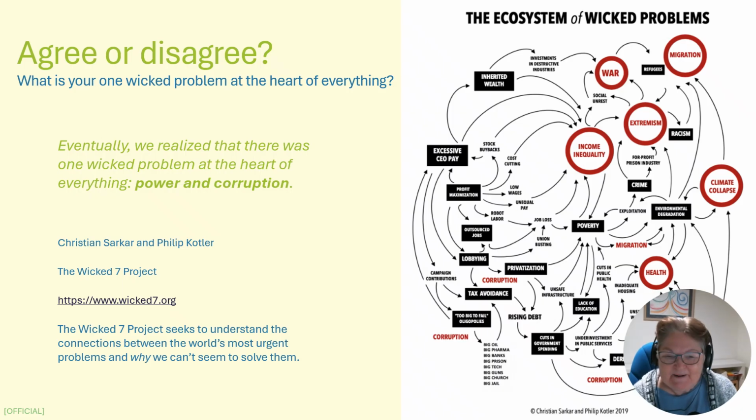Then they've got related problems like poverty, privatization, tax avoidance, crime, racism, and they carried on and mapped all these wicked problems, and what they concluded was that all of them come down to issues with power and corruption.